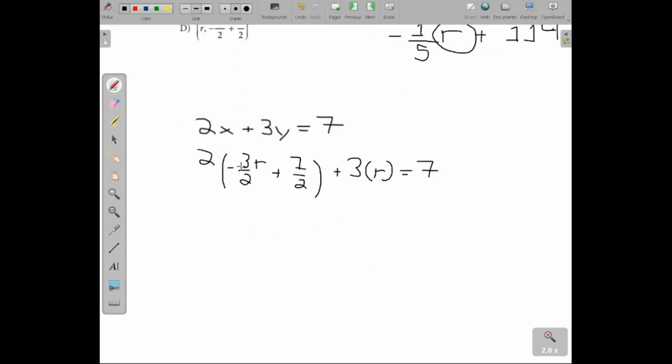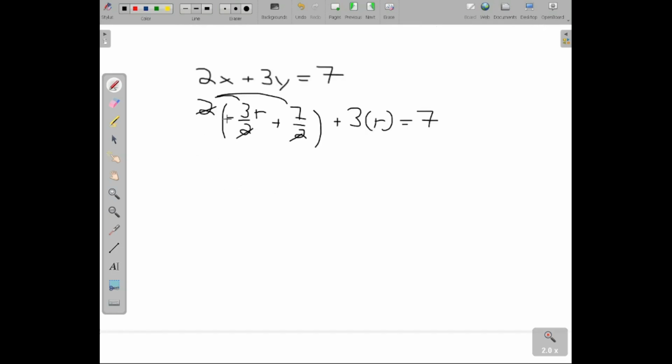Here these two will multiply each fraction here and here, and we can simplify the 2's. So we'll get 1 times negative 3r, which is negative 3r, plus 1 times 7, positive 7, plus 3 times r, 3r, equal to 7.